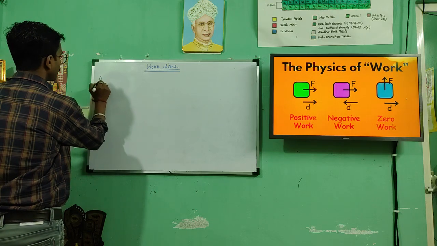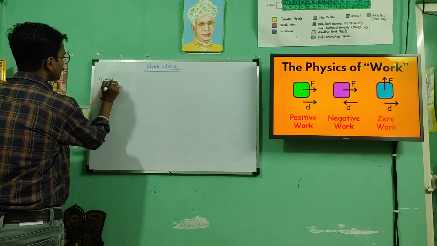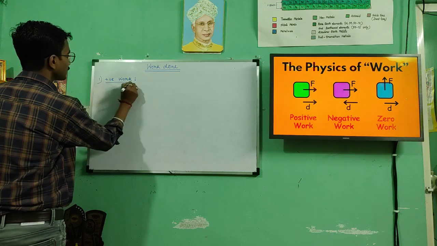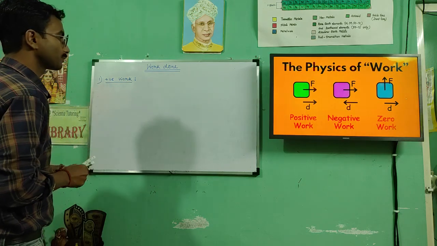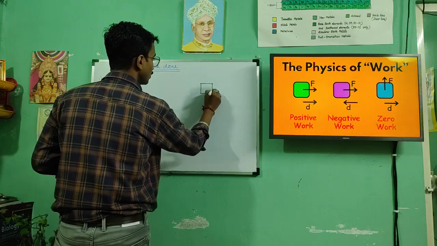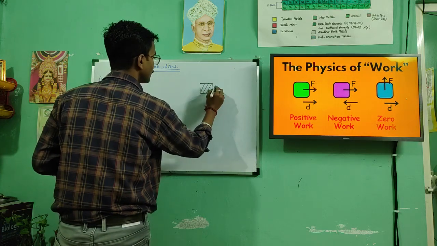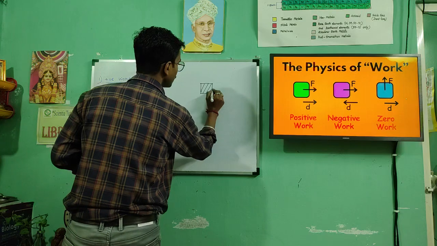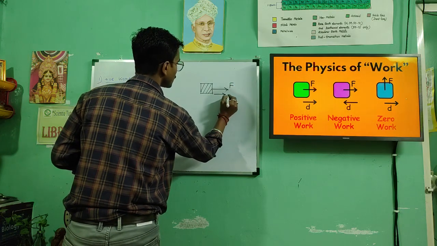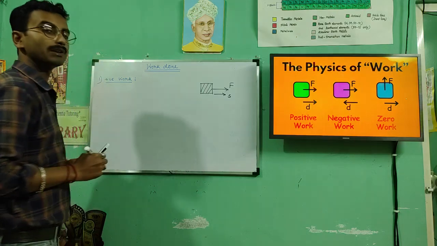First one, I am going to discuss positive work. So, what is positive work? See, positive work means if we apply force on this object this way, means right hand direction, and the body has been displaced in the same direction.